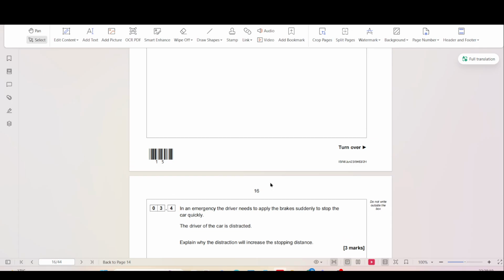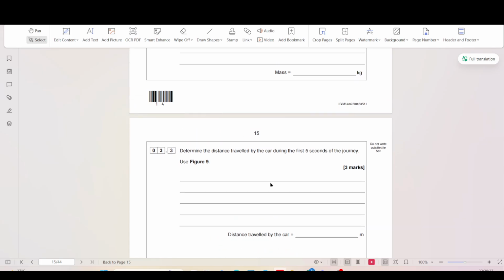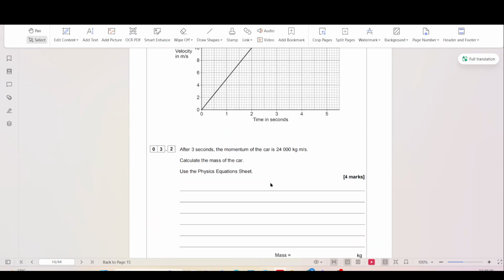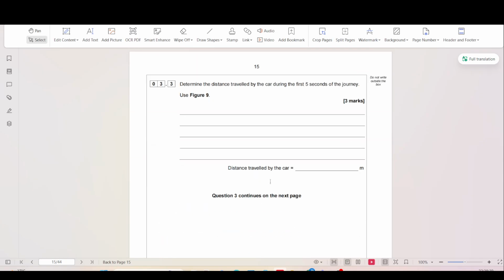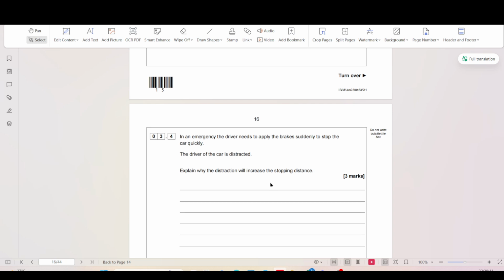If the driver is distracted, it means it takes them longer to notice the emergency, so longer to press the brakes, and it will make his stopping distance larger.